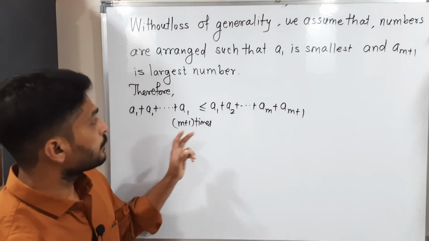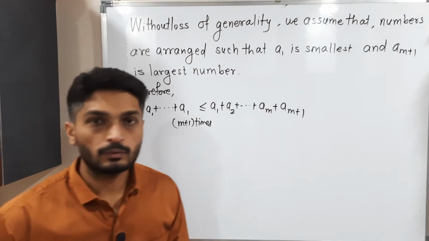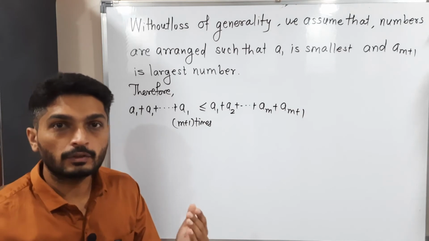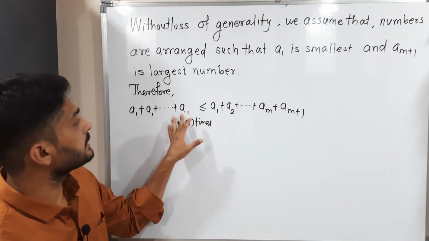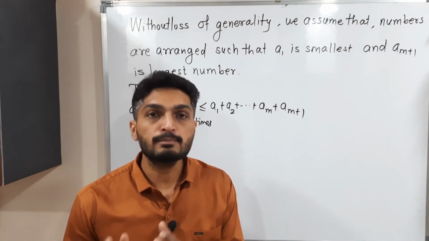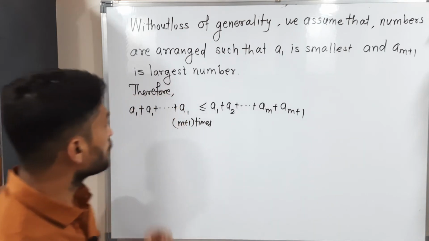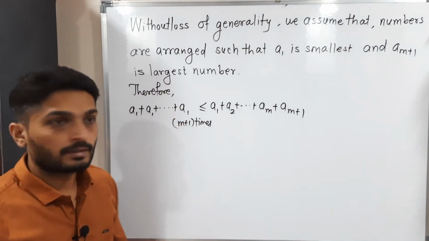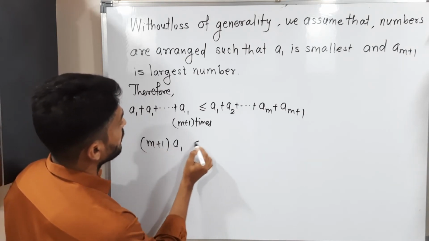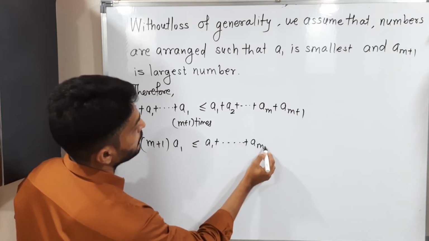Here, getting, I could write it by assuming, first a1 is equal to a1, no doubt. Second, a1 is less than or equal to a2. If you compare all these numbers sequence-wise, a1 is less than or equal to am plus 1. Since a1 has the smallest value, if you add in this way, we will have this inequality. We are adding a1 m plus 1 number of times, so m plus 1 into a1 is less than or equal to a1 plus a2 plus and so on am plus 1.